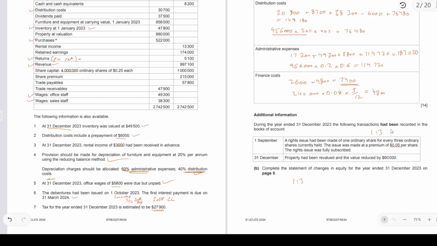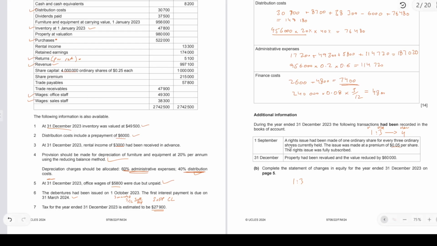So after the issue, 3 was existing and 1 new was issued. This is old and this is new, which is 4. Hopefully you understand that, because for every 3 old, 1 new was issued. So that turned your shares to 4, in terms of ratio. So this represents the new number of shares.